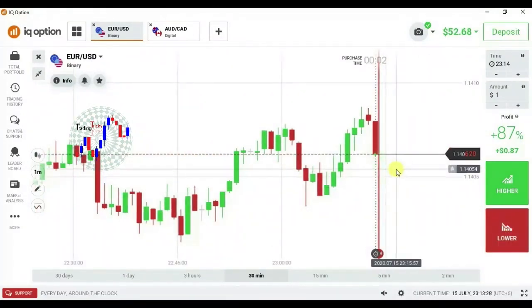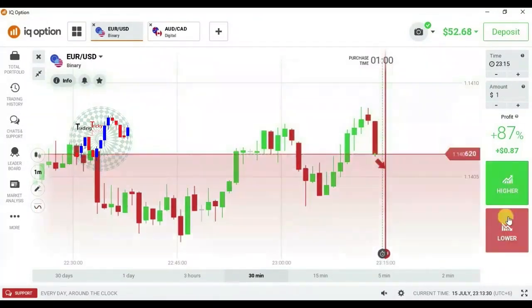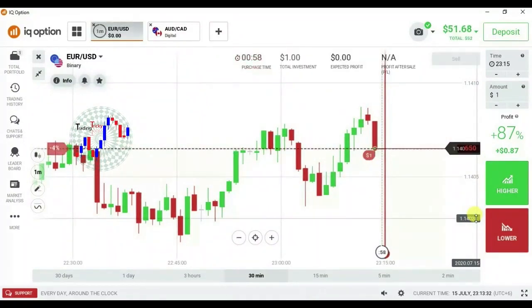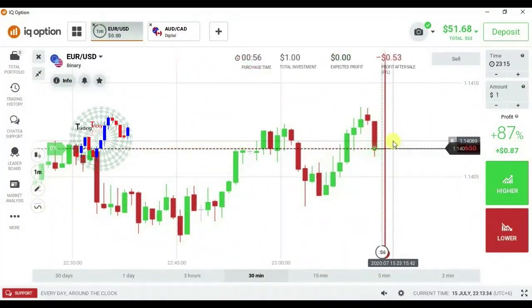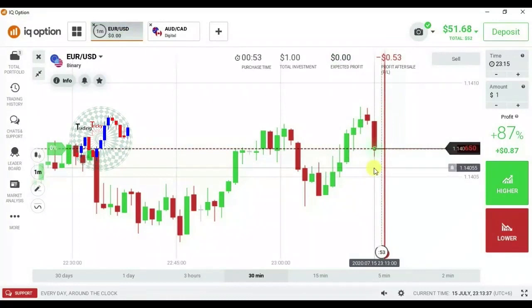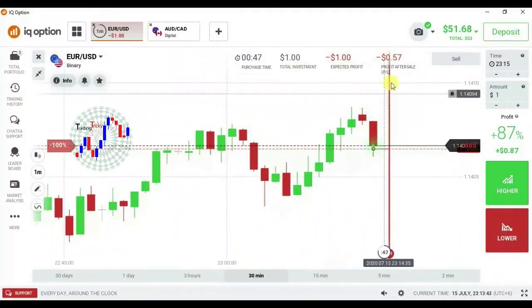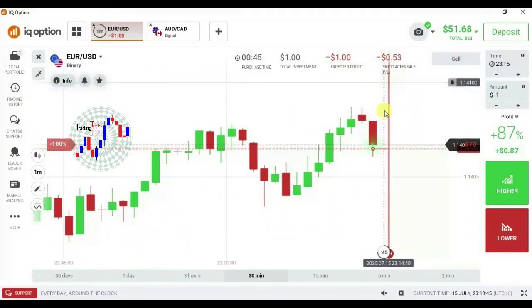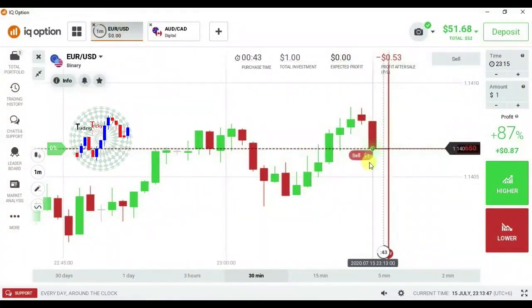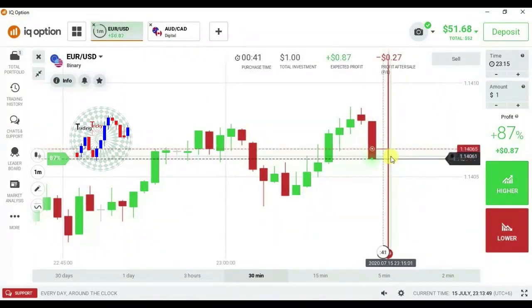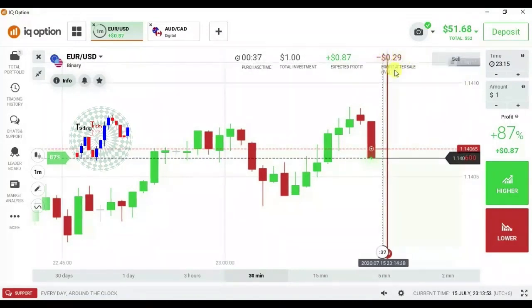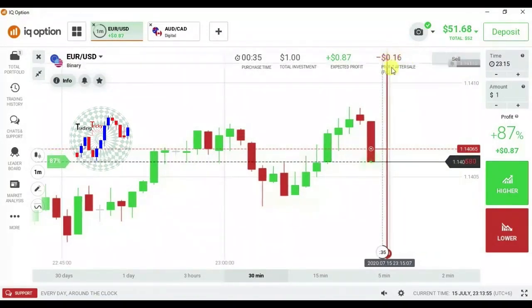Okay, let's see, I have placed, oh shit. Okay, no problem. So I have placed here lower option, and you can sell this position up to 45 seconds. It means when the candle has 15 seconds remaining, you can still close it with losses, 25, now 16.